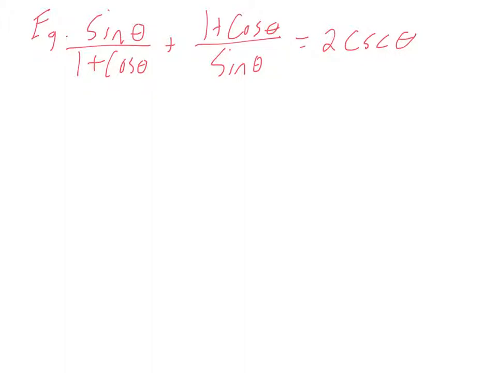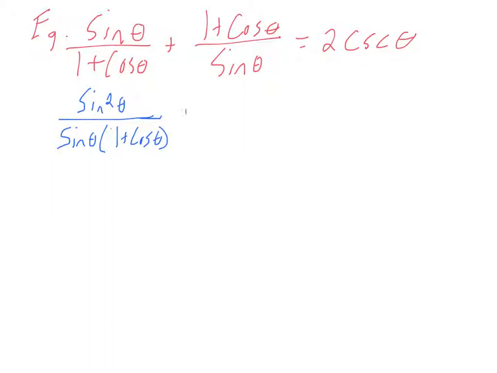So this one needs a sine. So if I multiply the top and the bottom by sine, I get sine squared theta over sine theta plus sine theta cosine theta. Actually, I'm going to keep that factored. So sine theta times 1 plus cosine theta.